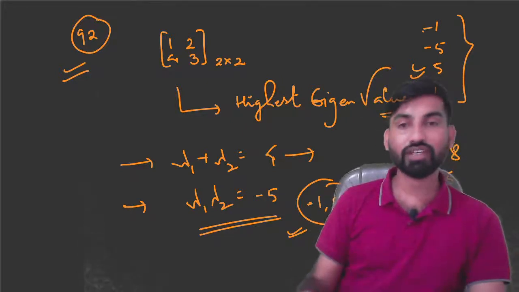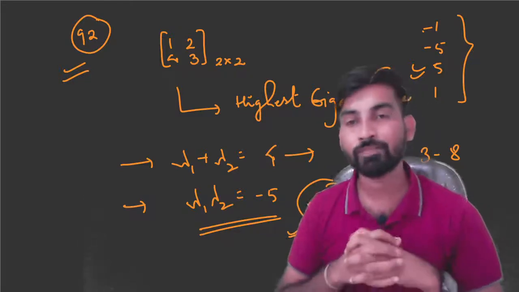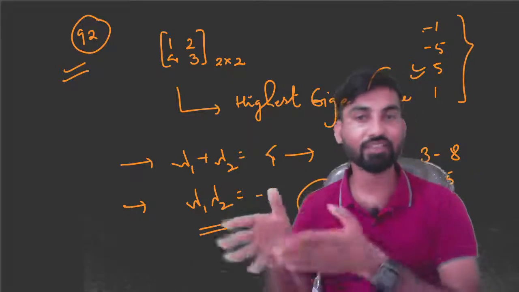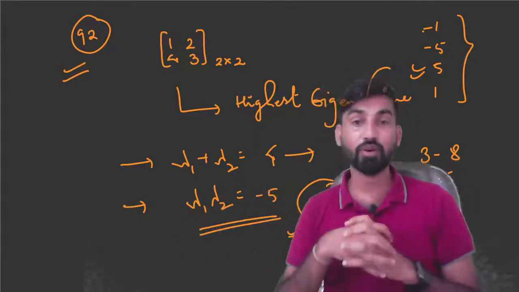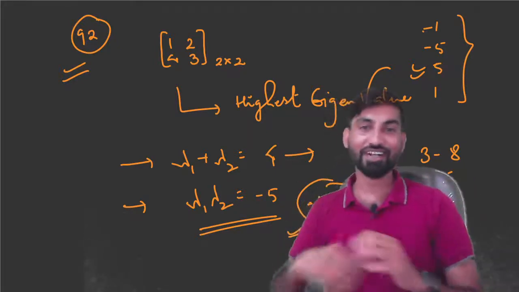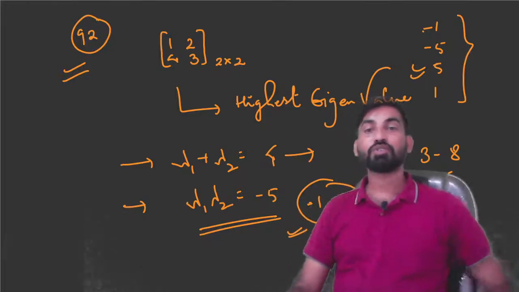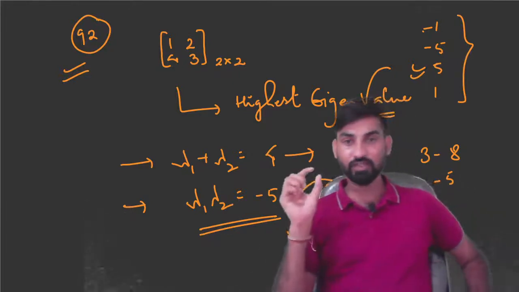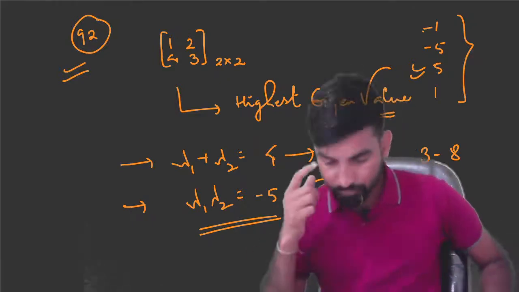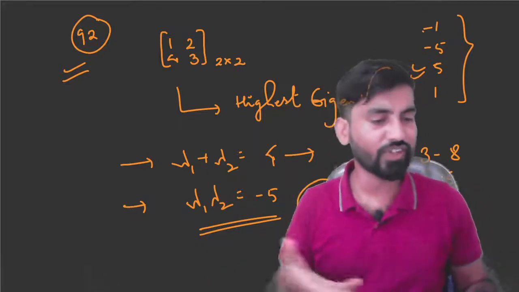For Poisson distribution, just find lambda as np and put it in the Poisson distribution formula: P(x) equals e raised to power minus lambda, lambda to the power x, divided by x factorial. So if you know the expression for Poisson distribution, you can easily solve that kind of question. It was a very easy question.